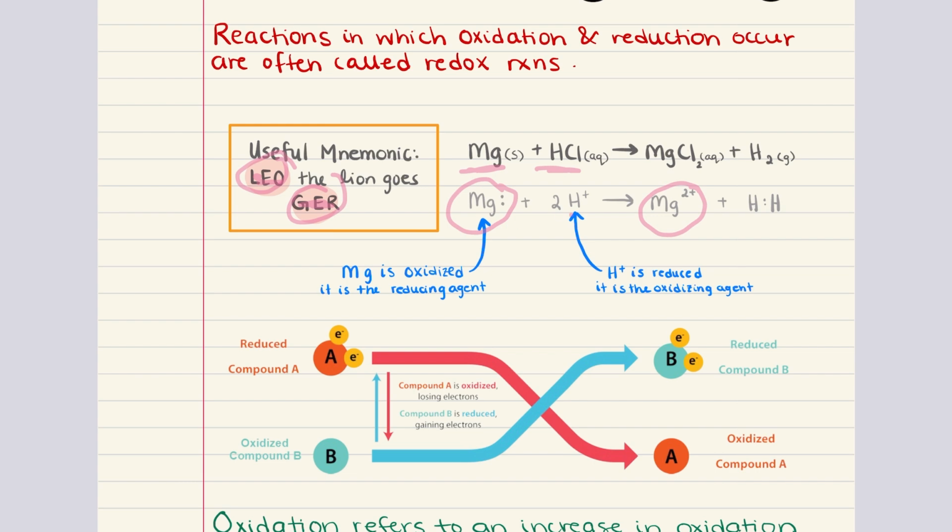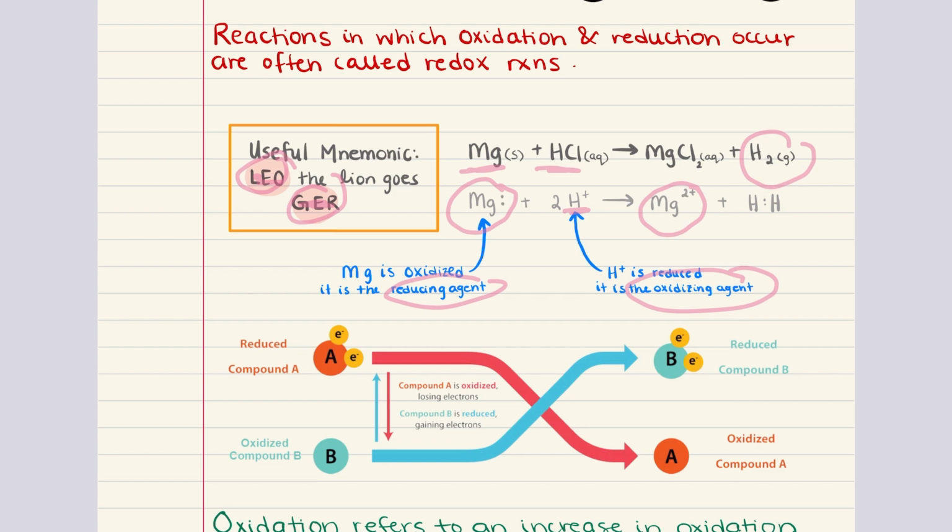And then the hydrogen ions in hydrochloric acid are going to be reduced because they gain electrons to form hydrogen gas. Since magnesium donates electrons, it's known as the reducing agent, while the hydrogen ions, which accept these electrons, function as the oxidizing agent.